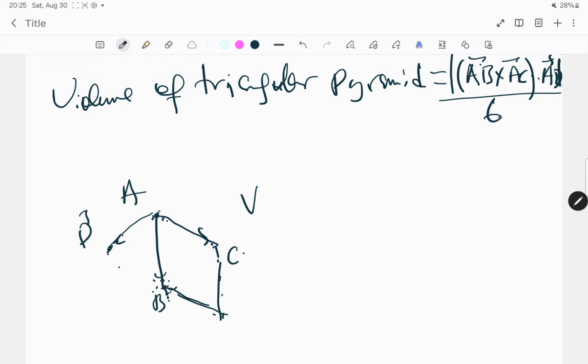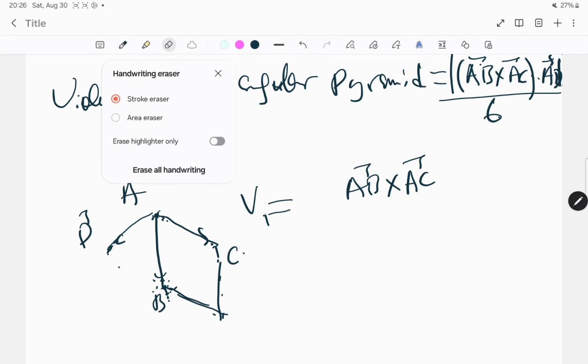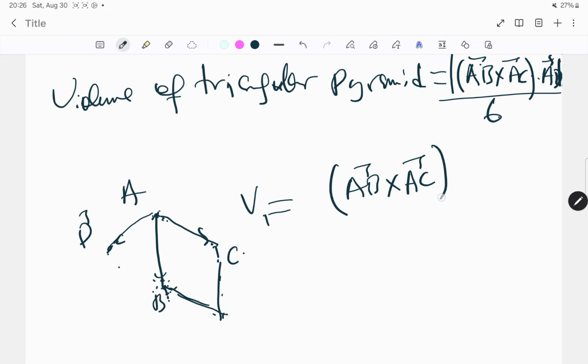So based on what I have done, I can write the volume V to be equal to, like I just said, the cross product of vector AB and vector AC, then dot AD.